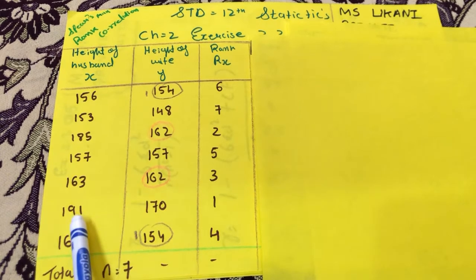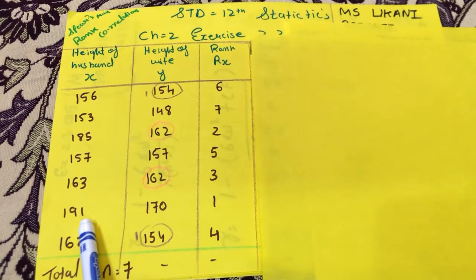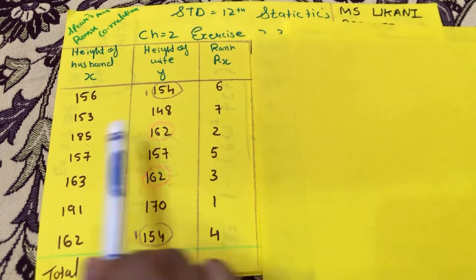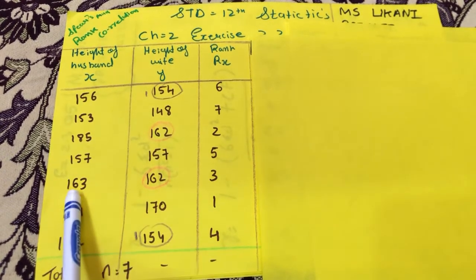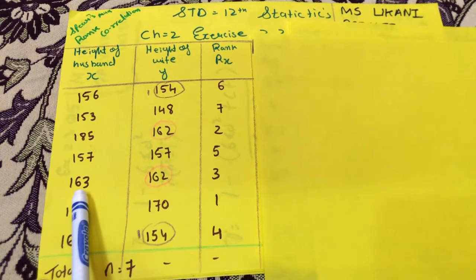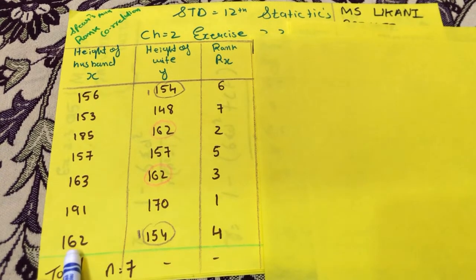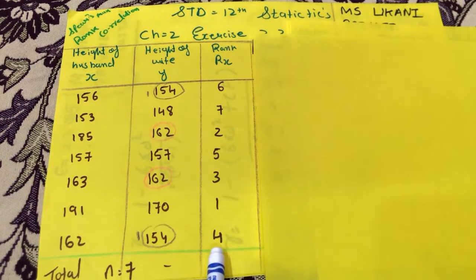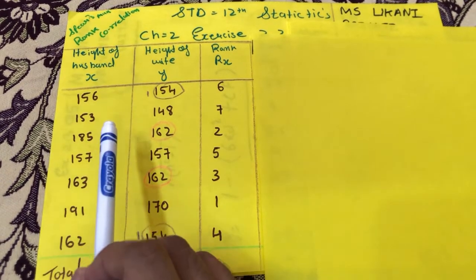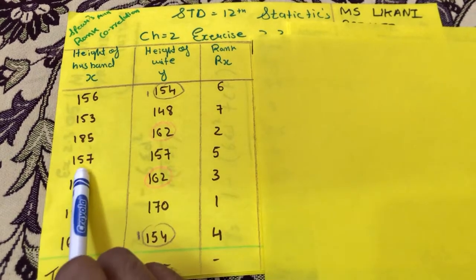Now the number smaller than 191 is 185. So here we will give 2. The number smaller than 185 is 163. So here we will give rank 3. The number smaller than 163 is 162. So here we will give rank 4. The number smaller than 162 is 157.